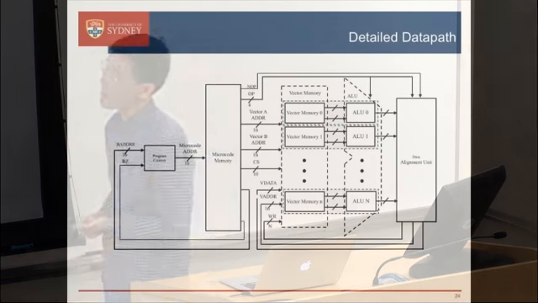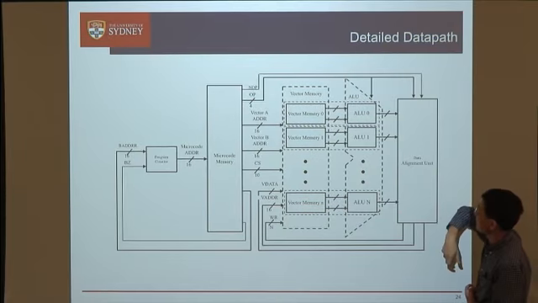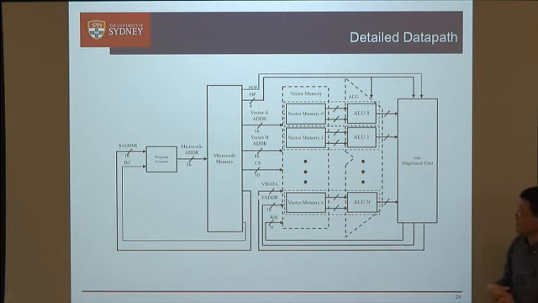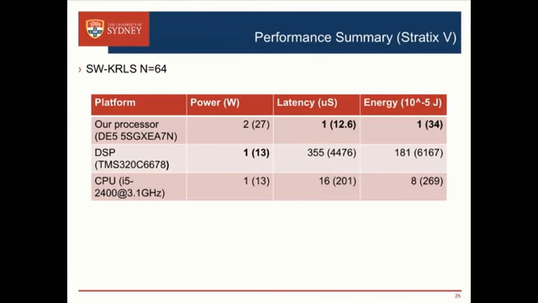This is what the data path looks like. Basically, we have n vector memories and n arithmetic logic units, and then we can do n things at the same time. This is what our results look like on a Stratix 5 with n equals 64.